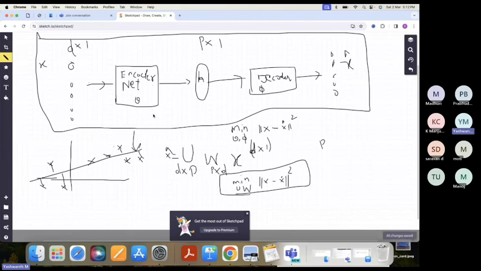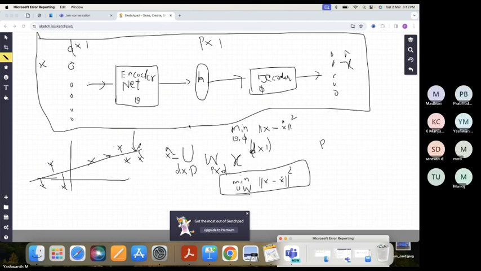So what is the difference between this and this? PCA is only a linear representation, W times X. But in this case, it's not.